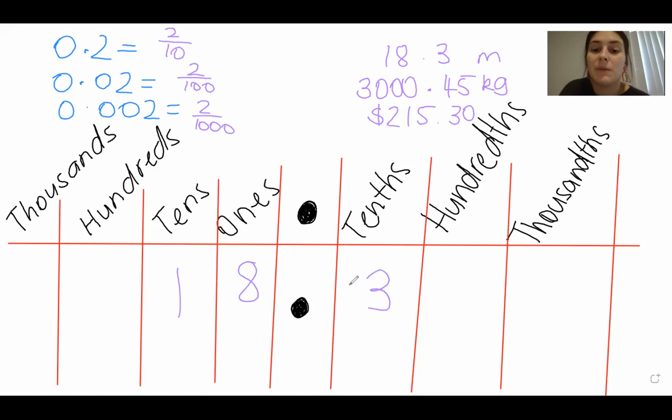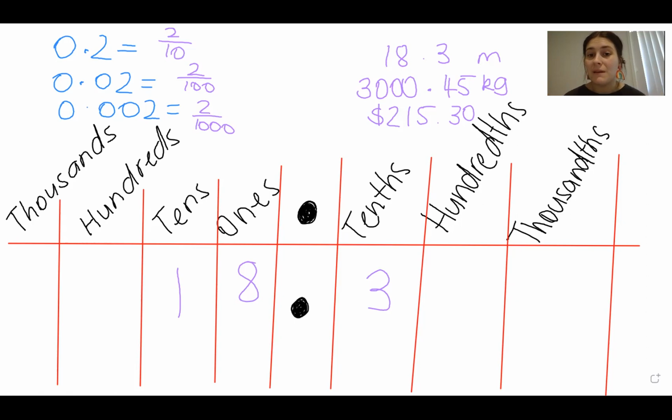Now, generally this would have a 0 on the end because we would say 18 meters and 30 centimeters, but in English and maths, sometimes we can get a bit lazy and we drop them to make it easier. But you just have to remember, use your knowledge of fractions to help you understand that 18.3 does not mean 3 centimeters, it means 30.